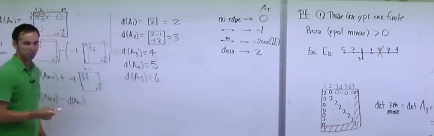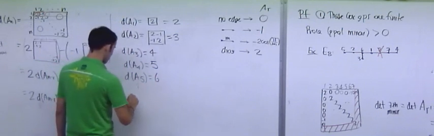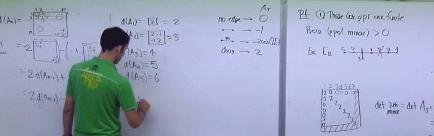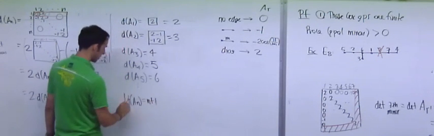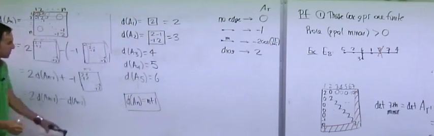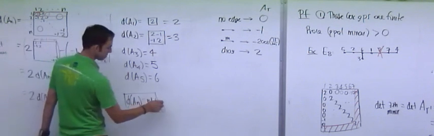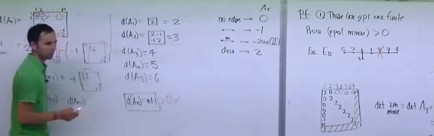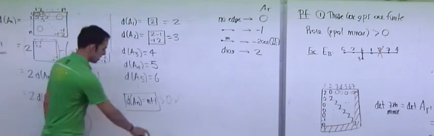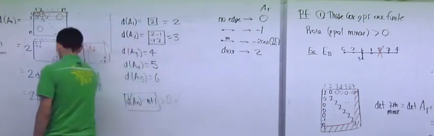And then you see that what we have proved by induction is that d(A_n) is n plus 1. And that's a good answer because we wanted to get a positive answer. So that's good.